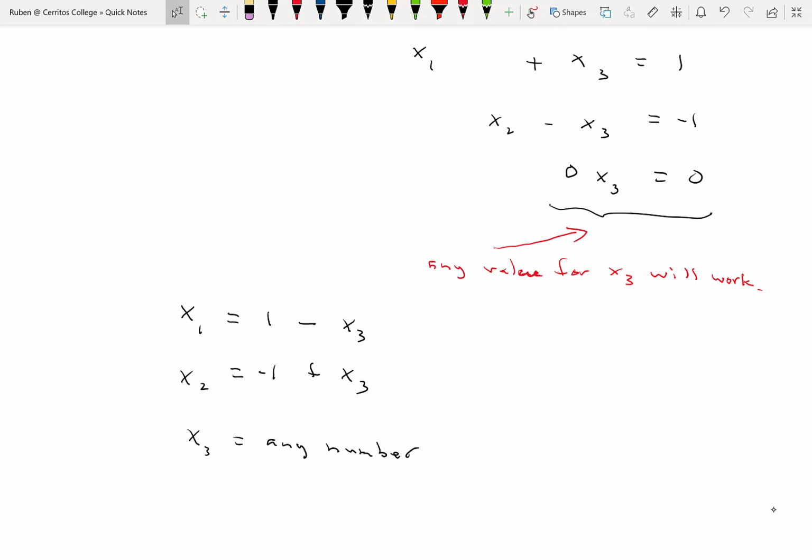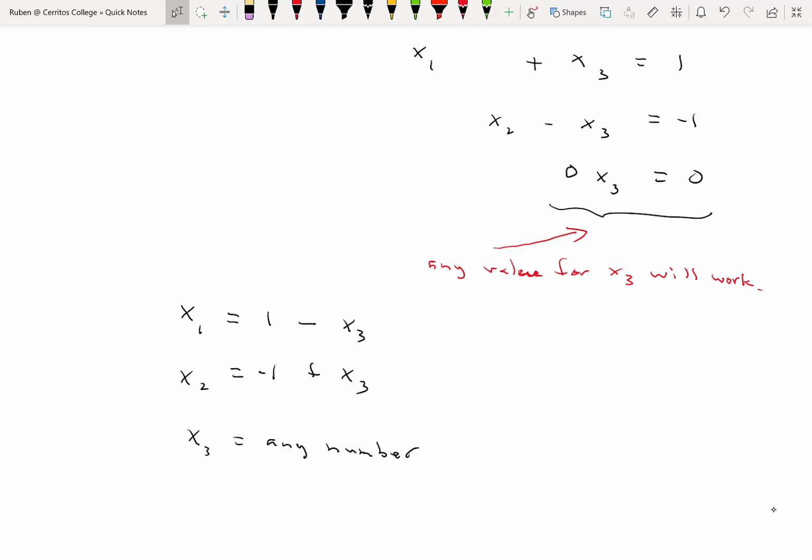Okay, so let's think about what this means geometrically. If you've had calculus 3, you know that each of these equations represents a plane. Linear equations with three variables represent planes. And this is saying that we have three planes intersecting in something more than just one point. How can three planes intersect in something more than a point?